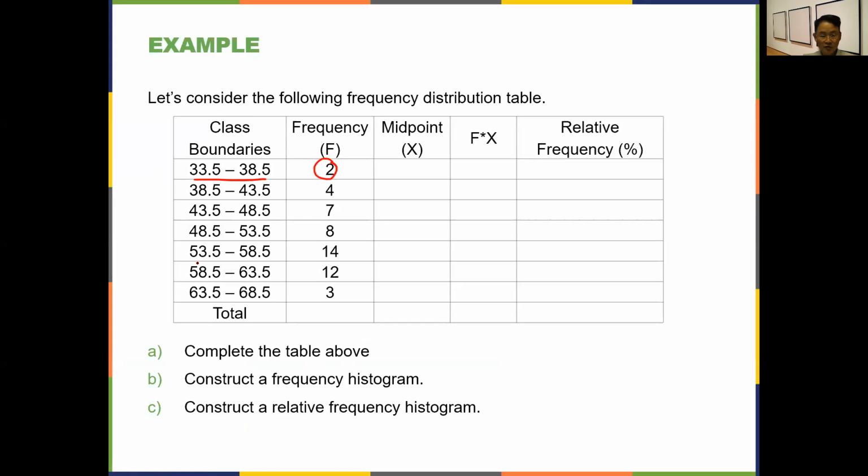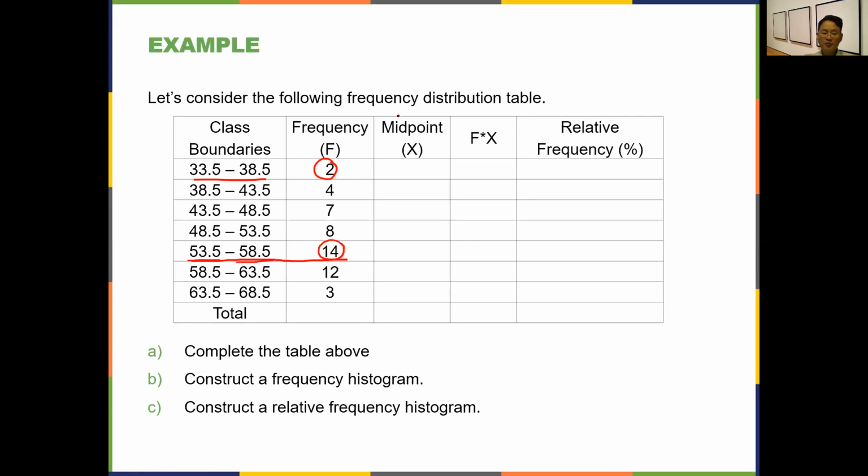Now what about, for example, this line right there? We don't know the exact data points, but we know there are 14 data points between 53.5 and 58.5.